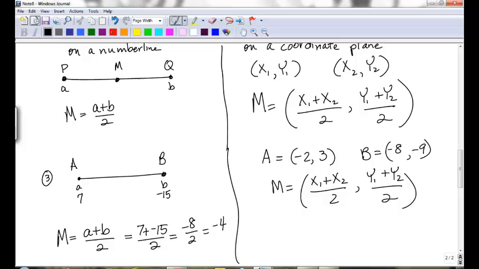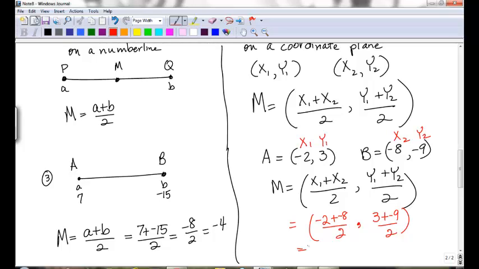I'm going to label this one my x sub 1, y sub 1. This one my x sub 2, y sub 2. So now just add the 2 x's together. So it'd be -2 plus a -8 over 2. There's a comma in between. Add the y's. 3 plus a -9 and divide by 2.